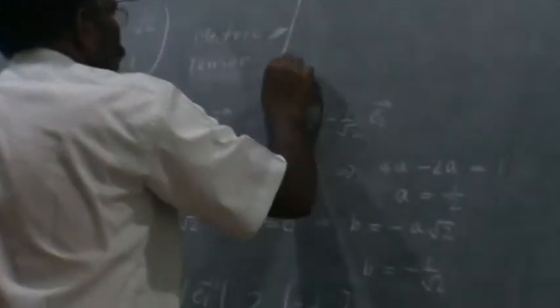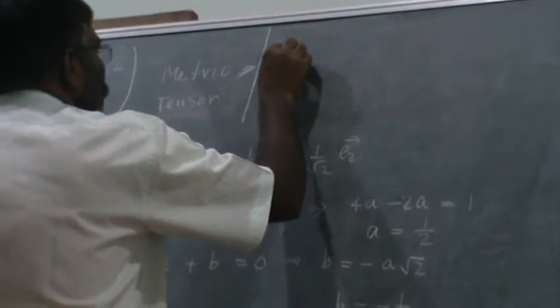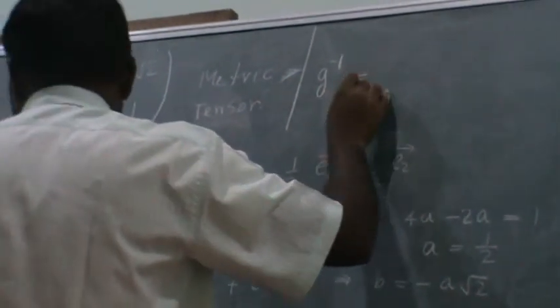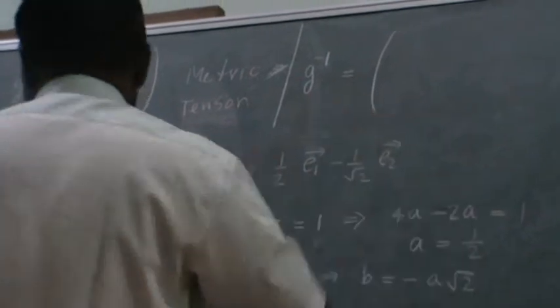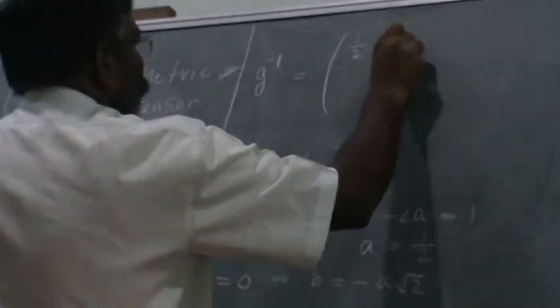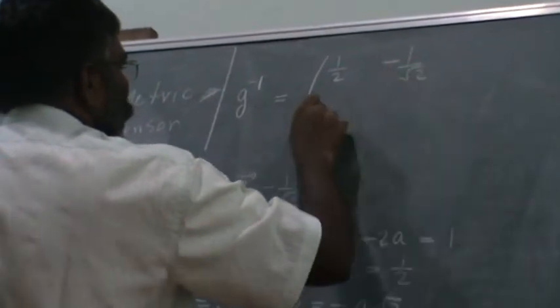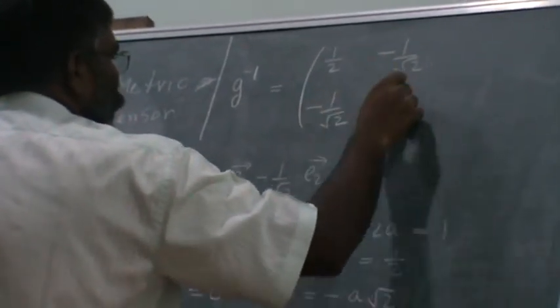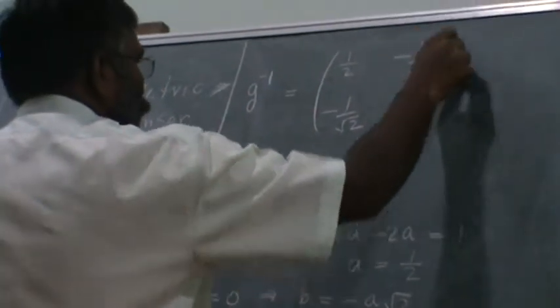So we have the inverse of the metric tensor equal to 1 by 2 minus 1 by root 2 minus 1 by root 2 and 2. You can see that they are different, and you will find them different in a non-orthogonal basis.